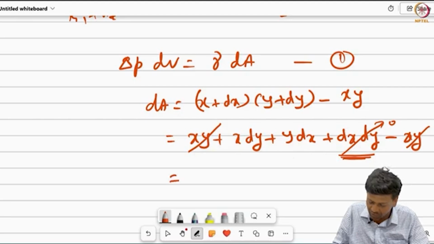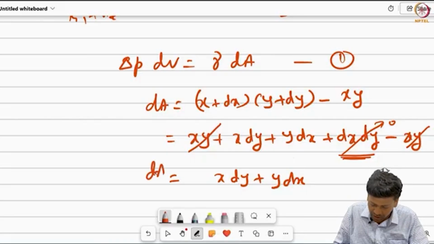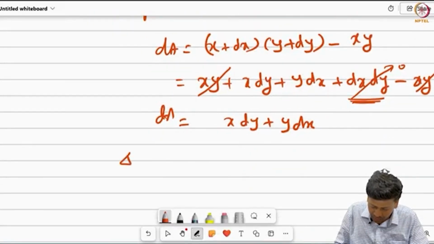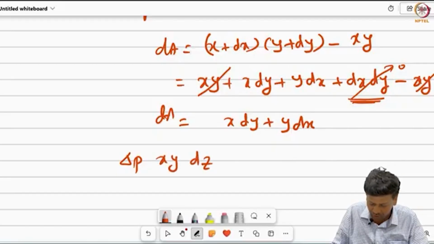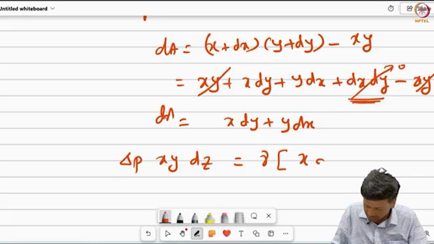Then what we will be left with is x dy plus y dx, which is nothing but dA. Now, delta p into dV can be written as delta p into xy dz. In such a case, this will be simply gamma into x dy plus y dx.